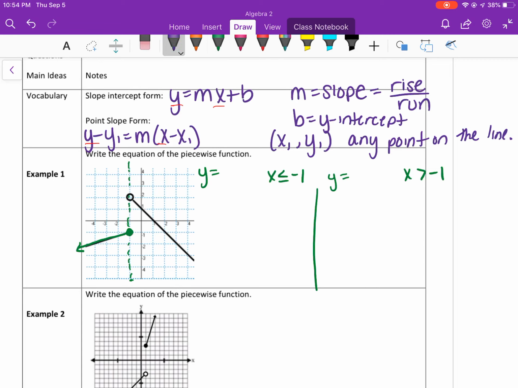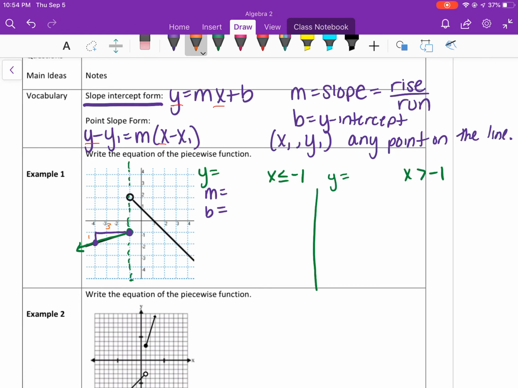Okay, the first thing I'm going to do is try to identify my slope and my y-intercept. And if I can do that, then I can plug right back into slope-intercept form. So I'm going to do the left side first, and I can pick 2 points on my line and then find the rise over the run to find the slope. So this is a rise of +1 and a run of +3.